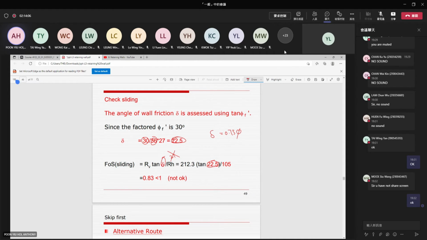So this is how the partial safety factor can be used. The idea is the same, but the procedure is complicated by the fact that the friction angle will be adjusted because of this factor of safety.